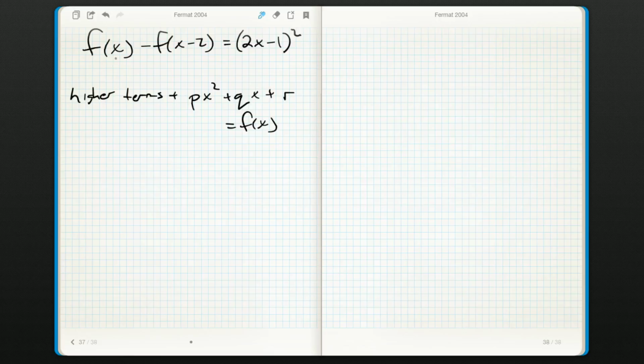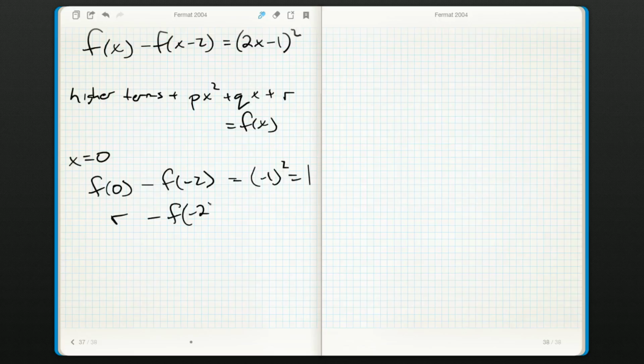But if I plugged in, say, x equals 0, then we'd have f of 0 minus f of negative 2 is going to be 2 times 0 minus 1, so it'll be minus 1 squared, which is 1. But f of 0 is just r, and f of negative 2 is a whole bunch of stuff. But then this has got to be 1.